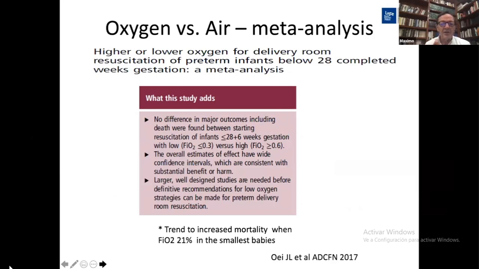And this is associated with higher mortality. So in extremely low birth weight or low gestational age babies, we should be very aware that very frequently we will need to increase FiO2 to 40 or 50 in the first minutes in order to reach those saturations that assure a better outcome in the delivery room.